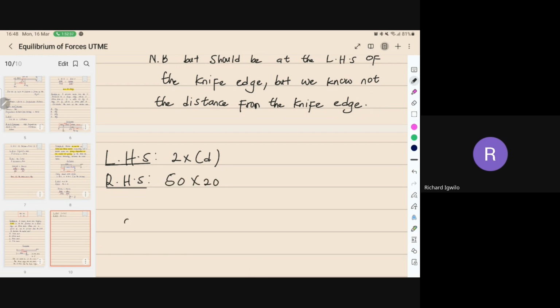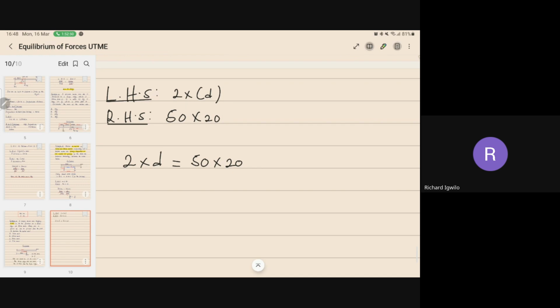For them to balance up, 2 times the distance of that P from the knife edge should be equal to 50 by 20. Now, that said, this will give me that 2D is equal to 0.5 times 2, 10.